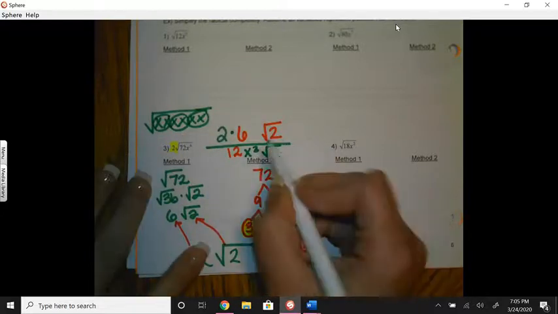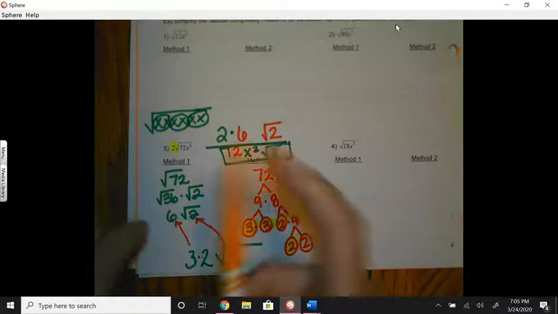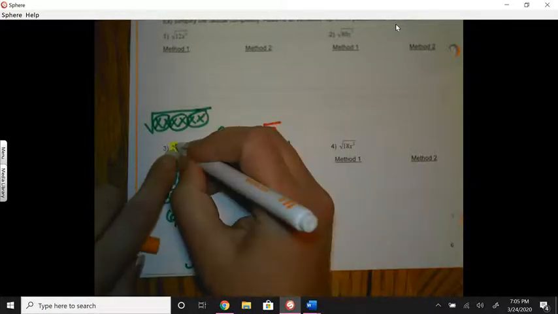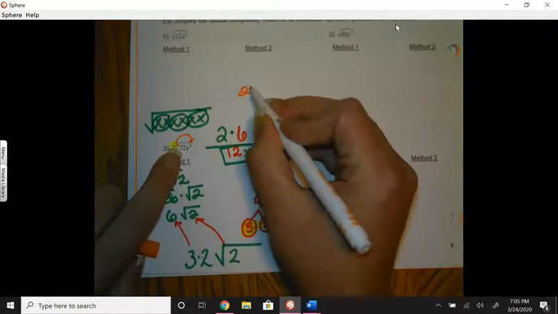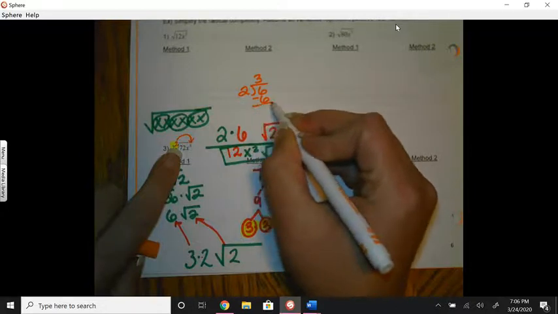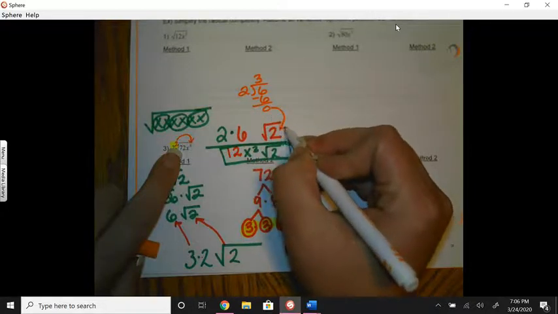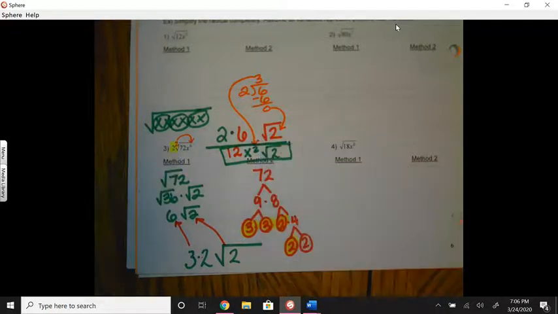So we can get the same answer if we just divide the index. If we take the index, which is 2, and divide it into 6, 2 goes into 6 3 times, and the remainder is 0. So that's why there are 0 x's inside, and there would be x cubed on the outside of the radical.